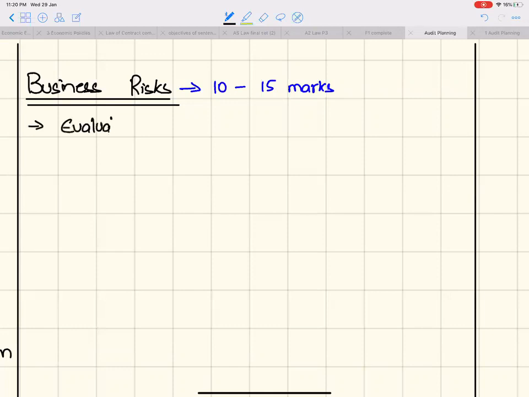You will have to evaluate business risks in a given scenario. Okay. Now, first of all, my question is: what is a business risk? If I ask a basic question, what is business risk about?